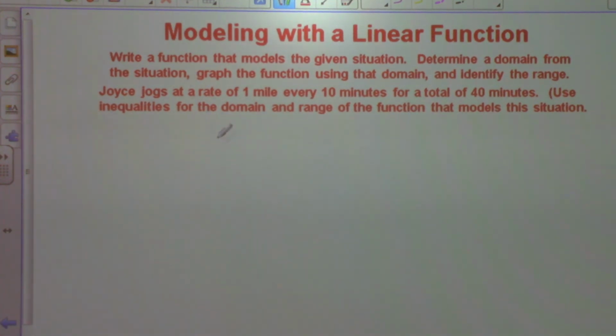So how do we go ahead and analyze that? How can we make an equation or an inequality or draw a graph or what?